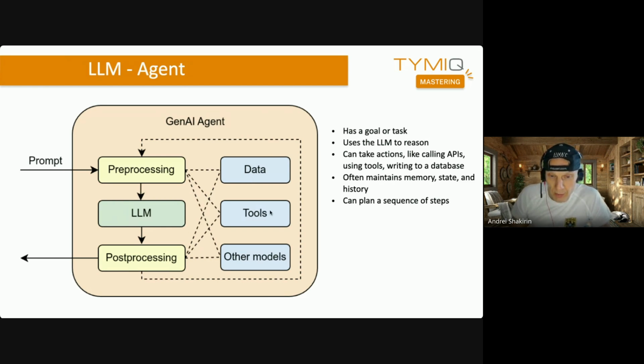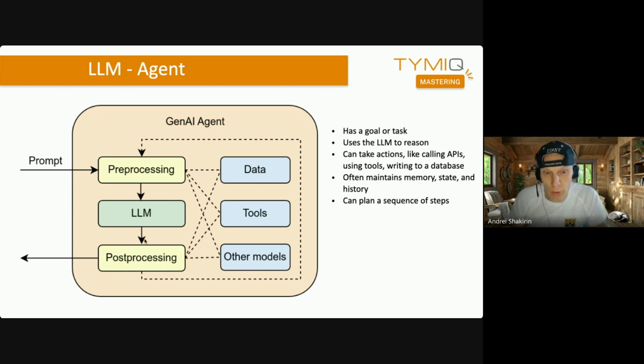You can also have tools like an external API or database that provides additional information for the model, using RAG and MCP, which I will explain on the next slides. It could also have other models, so for certain kinds of prompts you can communicate with another model if it fits better. So all of this is a kind of encapsulation. This block is named an agent, and it can cover some business subdomain tasks.